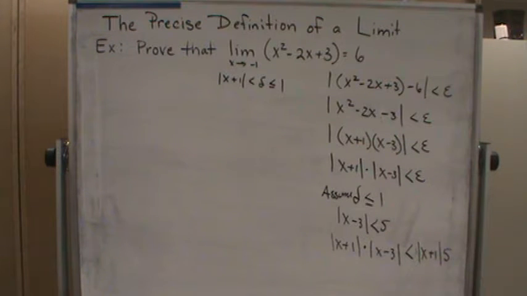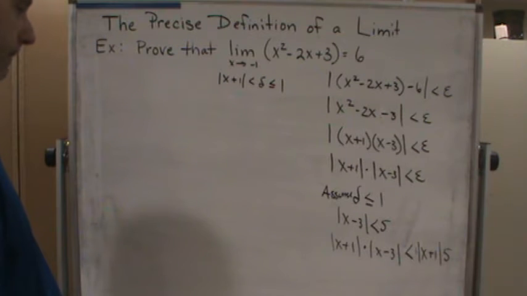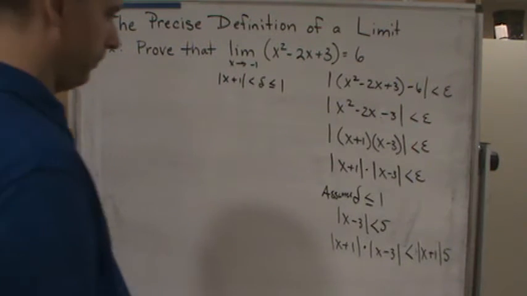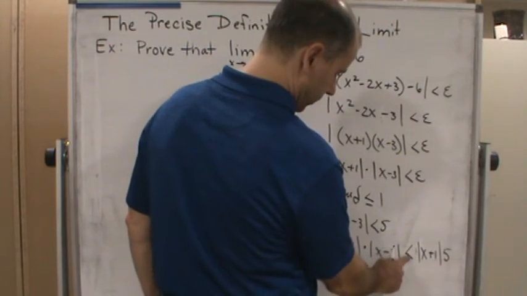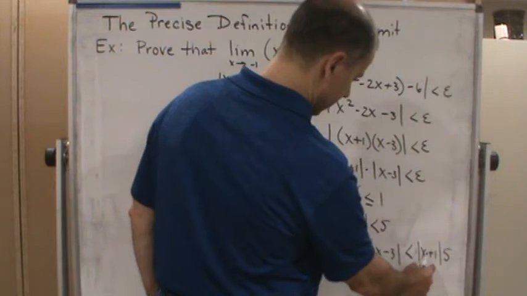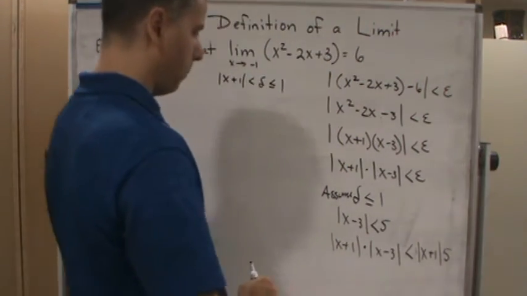And then at this point, we realize what delta needs to be. Because here, this is less than this is less than this.